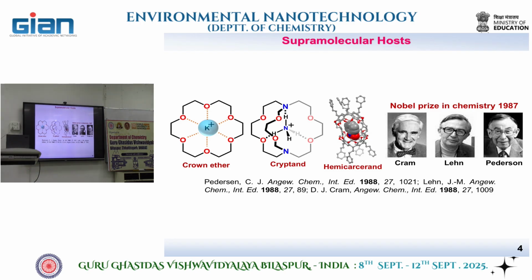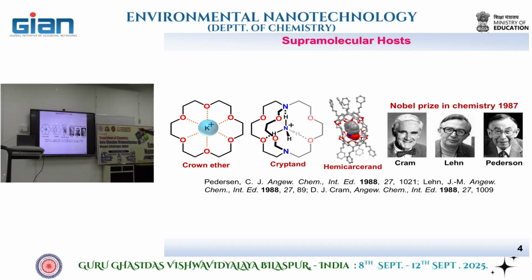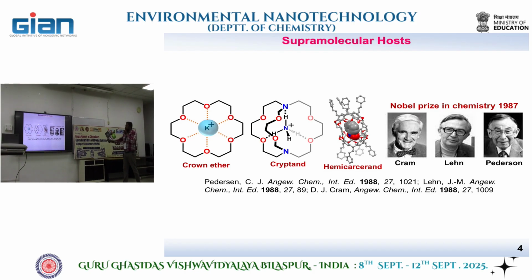For example, a 4-oxygen ring binds lithium, a 5-oxygen ring binds sodium, and a 6-oxygen ring binds potassium selectively. Cryptand is one type of molecule that can bind potassium ion and ammonium ion. So the application is that this supramolecule can detect and bind at the molecular level, which is not possible otherwise.